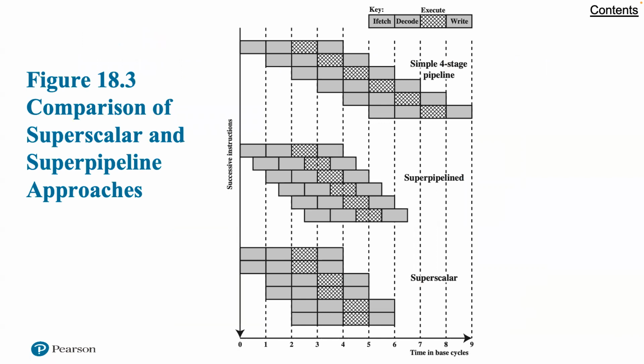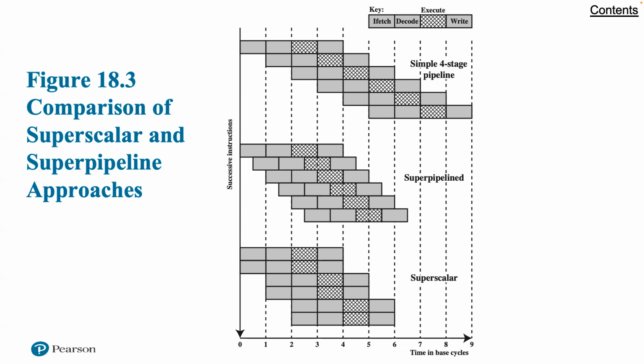An alternative approach to achieving greater performance is referred to as superpipelining, a term that was coined back in 1988. Superpipelining divides the pipeline into a greater number of smaller stages in order to clock it at a higher frequency. There is still only one pipeline, but by increasing the number of stages, we increase its temporal parallelism.